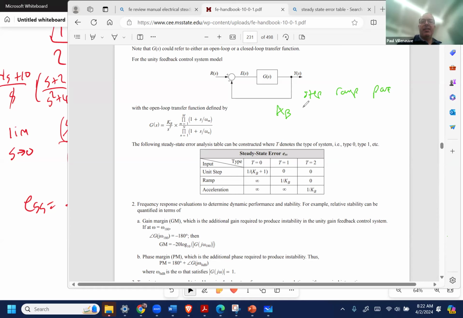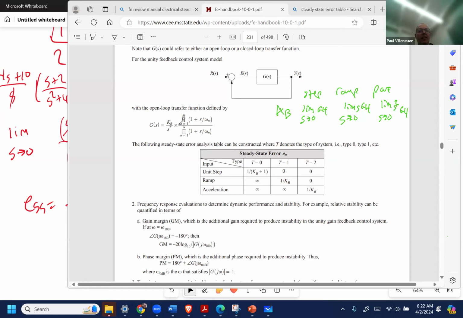K sub B here is equal to the limit as S approaches 0 of GH for a unit step, or it's the limit as S approaches 0 of SGH, or it's the limit as S approaches 0 of S squared GH. So this K sub B value that you see here, it's not necessarily specified.